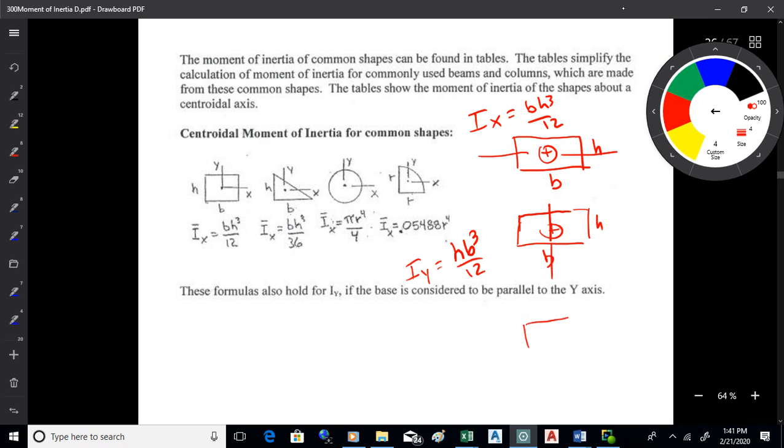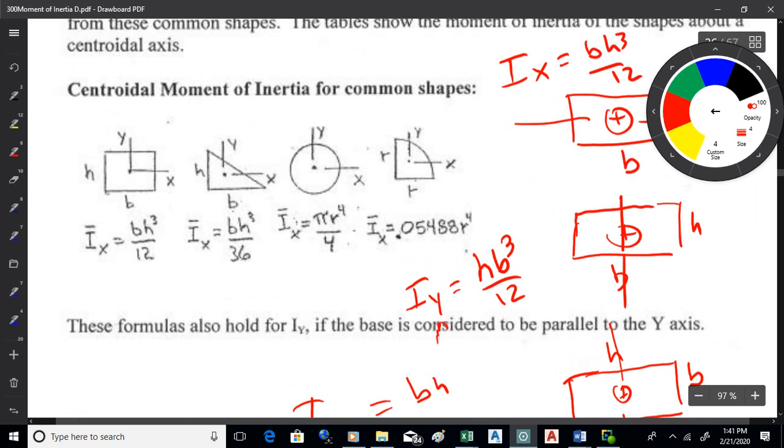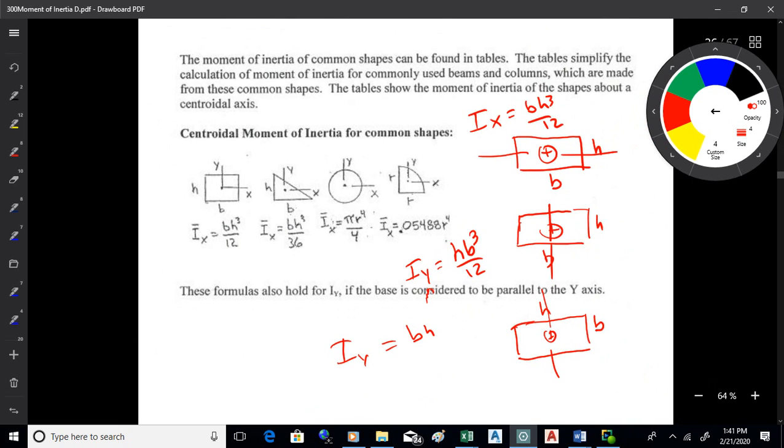The way I look at it is a little different. It's the same thing, but I just express it slightly differently. What I do, I just define the base as parallel to the axis and the height as perpendicular to the axis. So what I would say is I sub y is also bh cubed over 12. Okay. Just two ways of expressing the same thing.